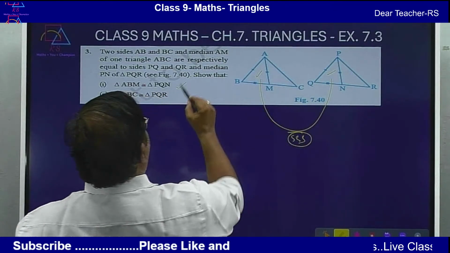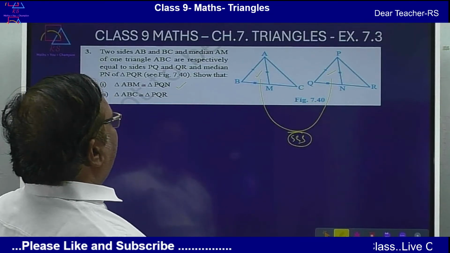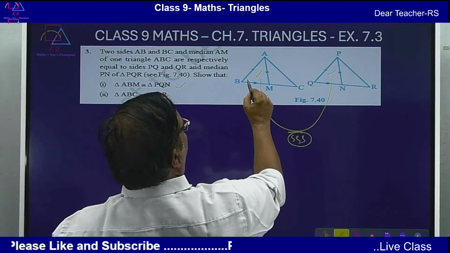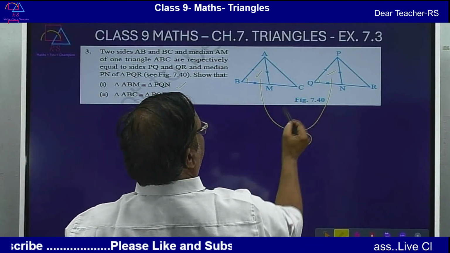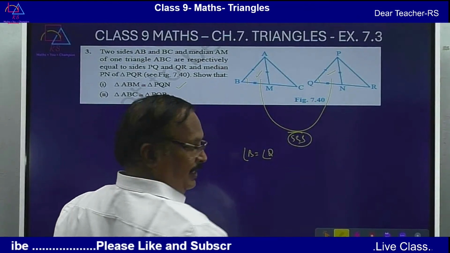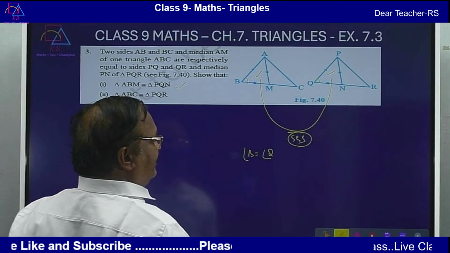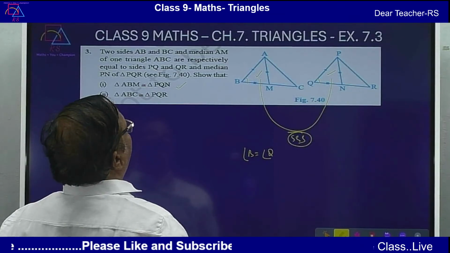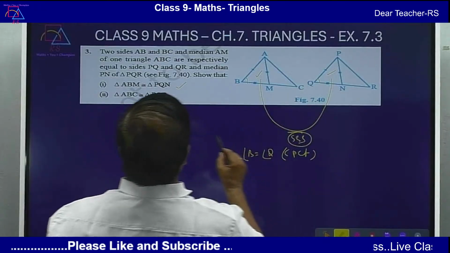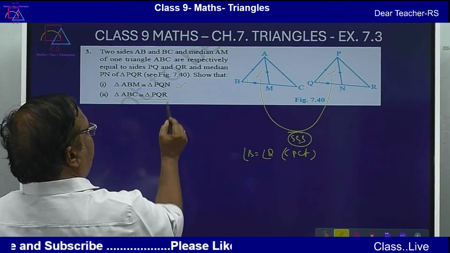So first one is done. So therefore angle B is equal to angle Q. Angle B is equal to angle Q. Because we have to prove ABC is congruent to PQR.